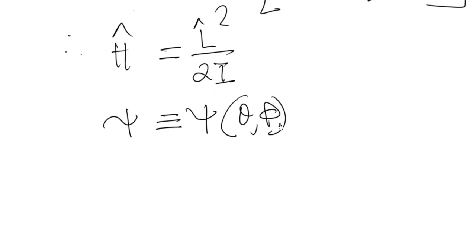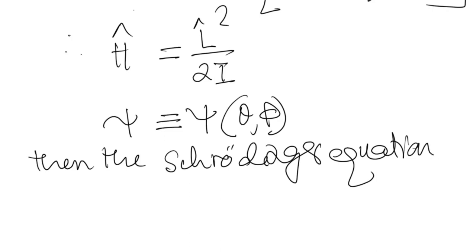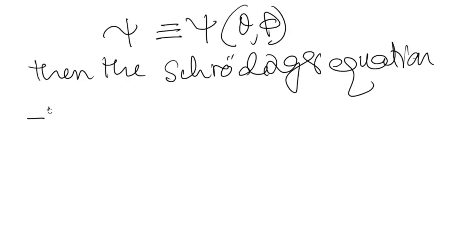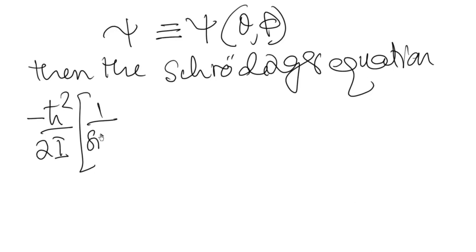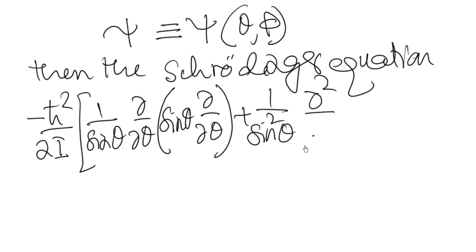And the Schrödinger equation can then be written as minus h bar squared by twice I, times 1 by sin theta del by del theta sin theta del by del theta plus 1 by sin squared theta del squared by del phi squared, acting on psi, is equal to E psi.